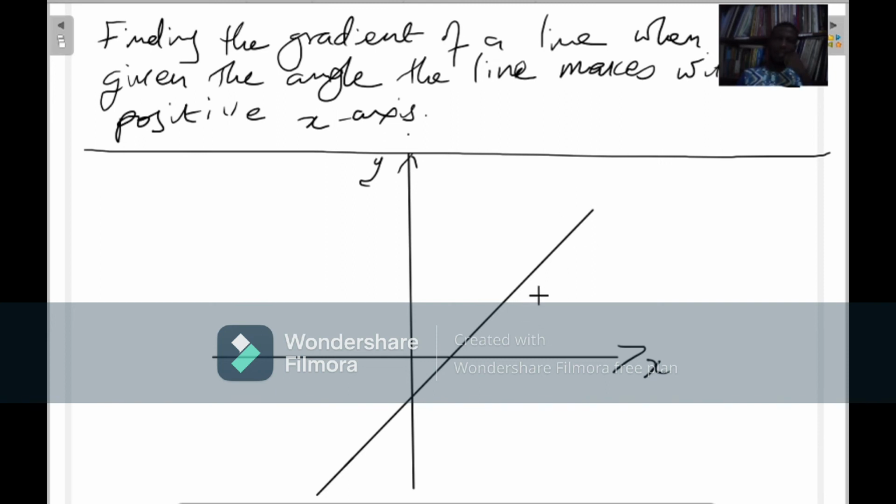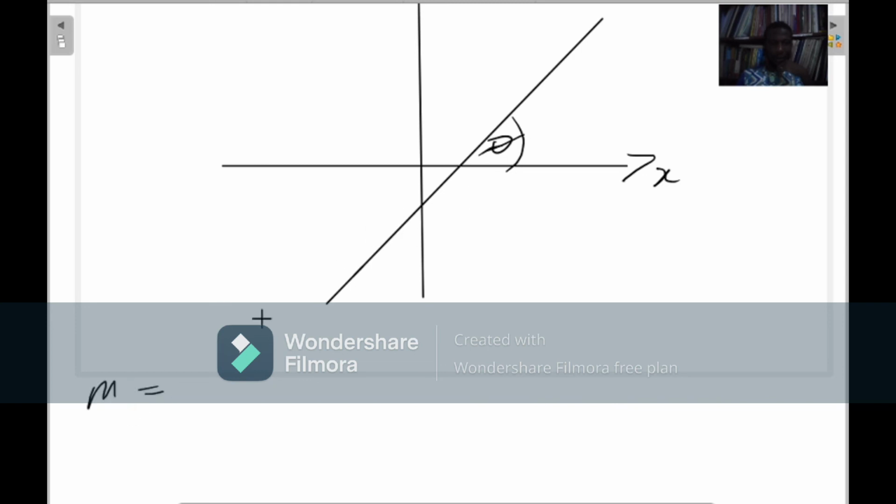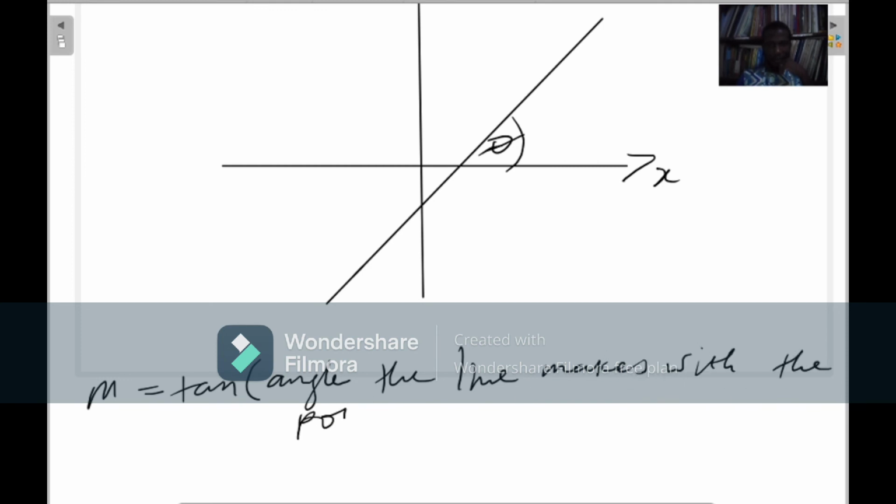And the question tells you that the line makes an angle, let's say theta, with the positive x-axis. Then the gradient of this line, m, will be tan of the angle the line makes with the positive x-axis. And in this case, that is going to give us tan theta, because the line makes the angle theta with the positive x-axis.